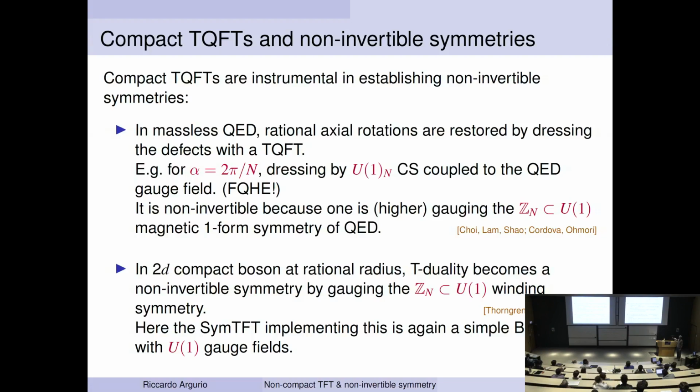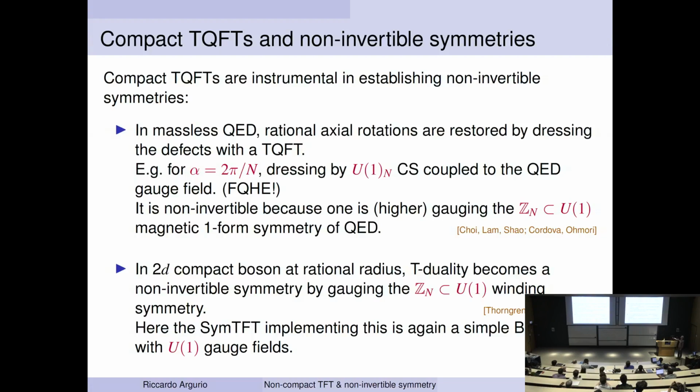At first sight, as written in all textbooks, it is broken at the quantum level, but as was emphasized in papers two years ago, one can actually show that the defects corresponding to rational angles can be constructed using this kind of topological quantum field theory with symmetry Zn, where Zn is the denominator of the rational angle. This is essentially the same idea as the fractional quantum Hall effect, but applied to these defects.